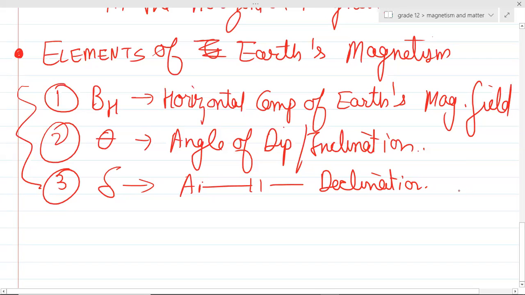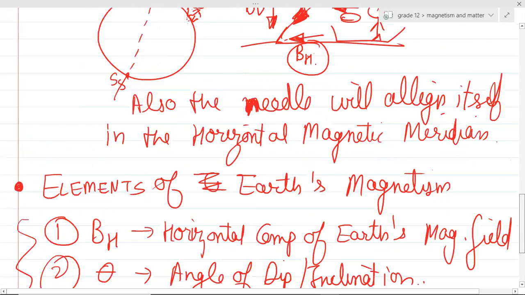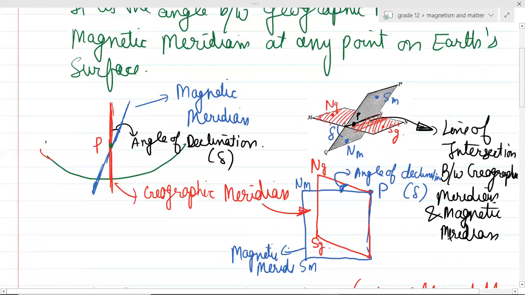Sir, I have a doubt. In the angle of declination, we drew two diagrams, like two planes. In the first diagram it shows magnetic south on the top and magnetic north on the bottom.